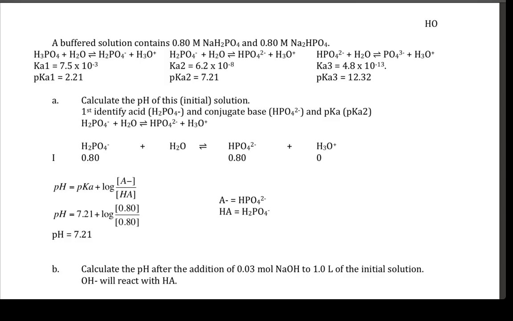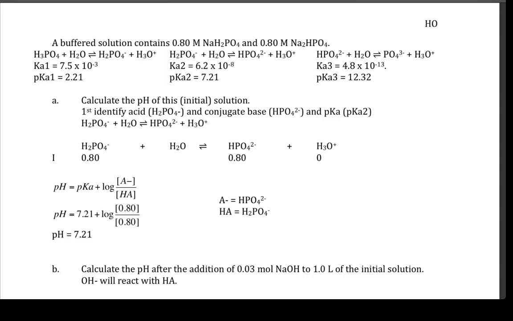Notice that we have 0.80 divided by 0.80, so we have the log of 1, and the log of 1 is always 0, which is why the pH in this case comes out to be the pKa. All right, so that's the pH of our initial buffer solution.